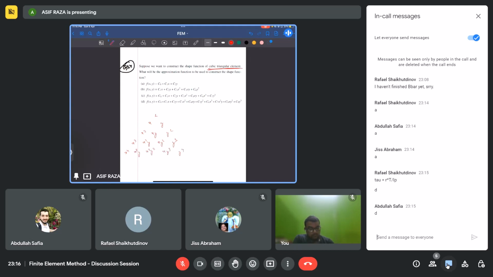Okay, the question talks about a cubic triangular element. In cubic, how many nodes will be there? 1, 2, 3, 4, then 1, 2, 3, then 1, 2, then 1. Total is 1, 2, 3, 4, 5, 6, 7, 8, 9, 10.